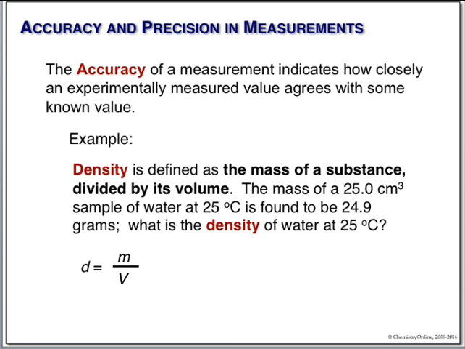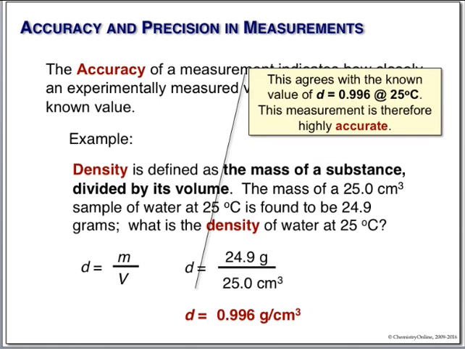Remember, density is mass divided by volume. Therefore, we do our simple calculation here, and we get 0.996. It's a single measurement, but it's very accurate, isn't it? Because this is the known value, and we hit it right on the nose. Very accurate measurement.